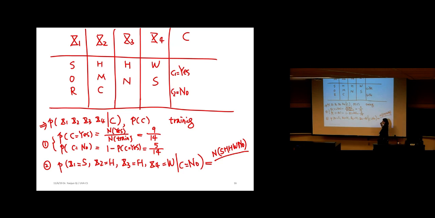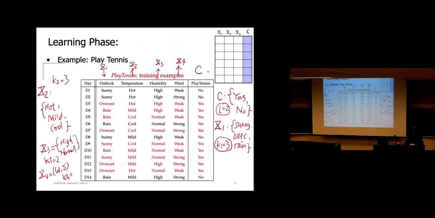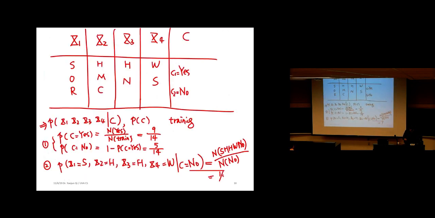This combination is a discrete random combination, conditioned on C equal to no, which means my denominator is the number of times no, the number of times you observe no, which is 5. So it's 1/5. Okay, who has questions about this process?